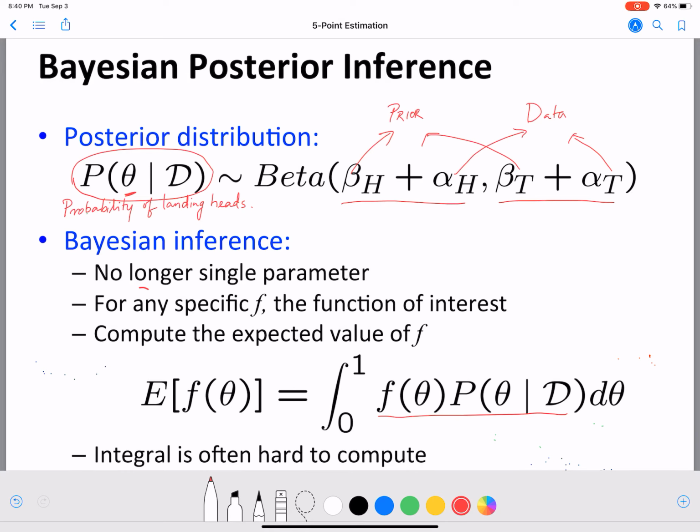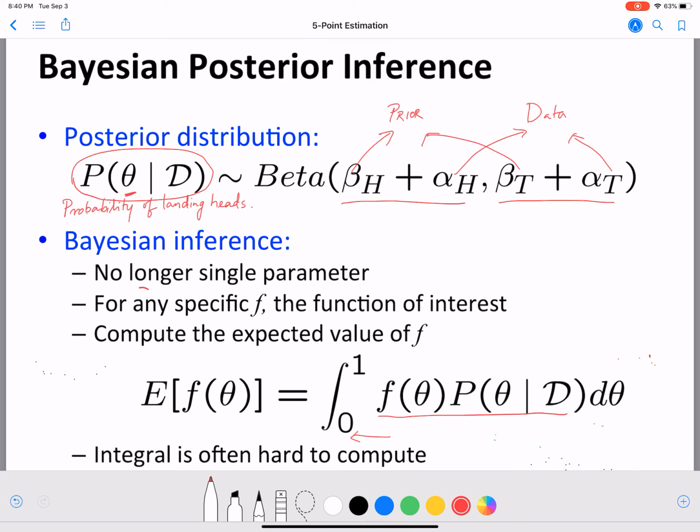And we have an integral here and not a summation because p of theta given d is a beta distribution, which is a continuous distribution. Since it is continuous, we should have an integral instead of a summation. If it is a discrete valued distribution, we will have a summation here. This is how we do the expectation.